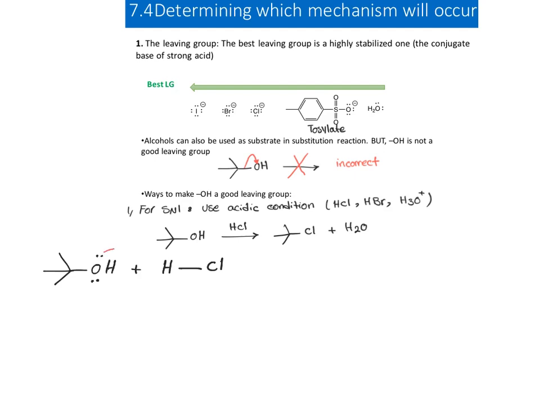So alcohol would act as a base and HCl will be our acid. So chlorine leaves to form this product. Now here we converted the alcohol to the good leaving group, which is water.